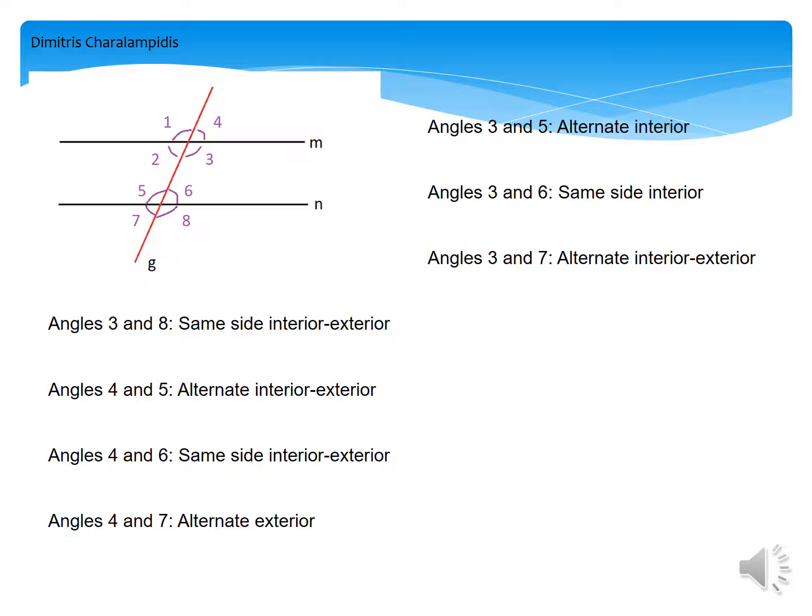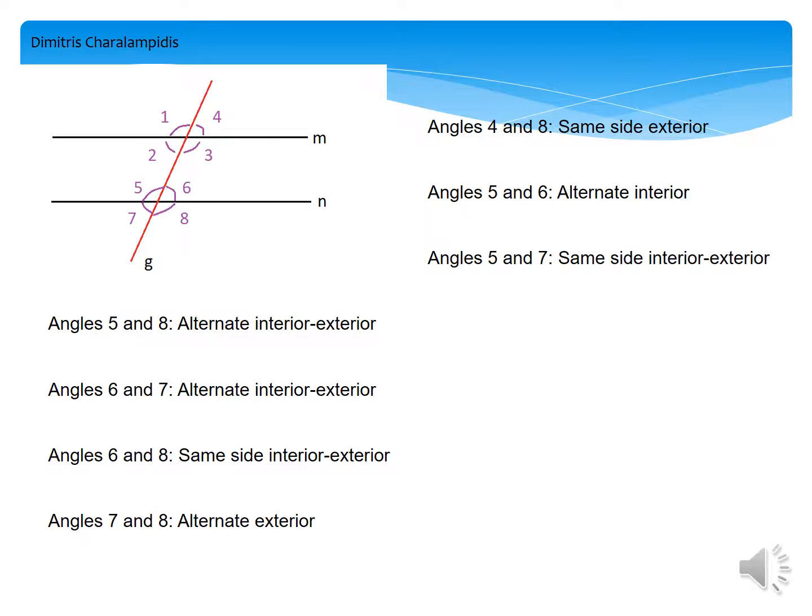Angles 4 and 7 are alternate because they are placed on different sides of line G, and exterior because both of them are outside the parallel lines M and N. Angles 4 and 8. They are same side exterior angles.